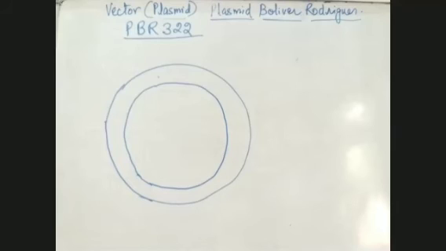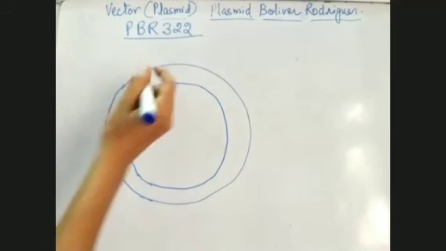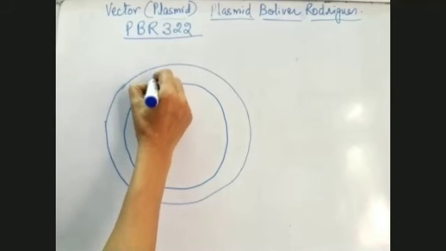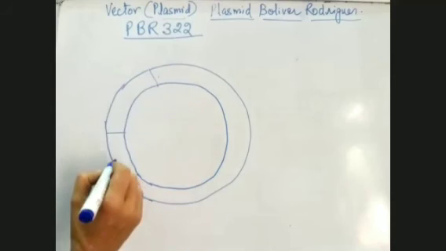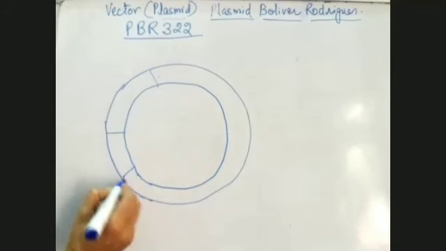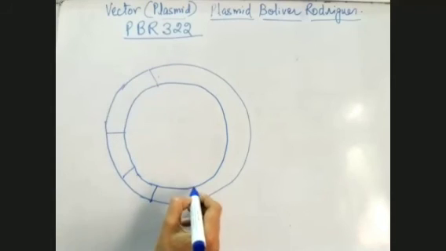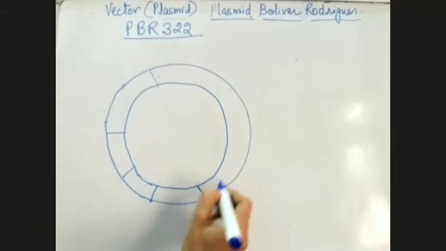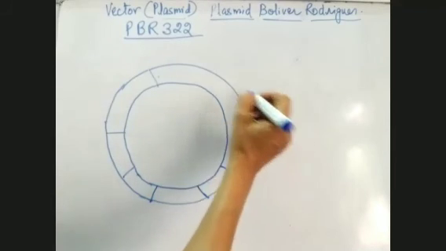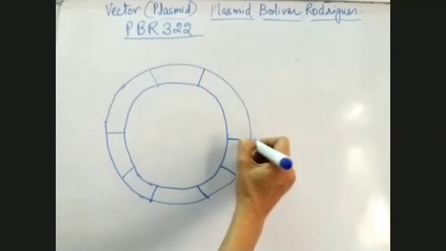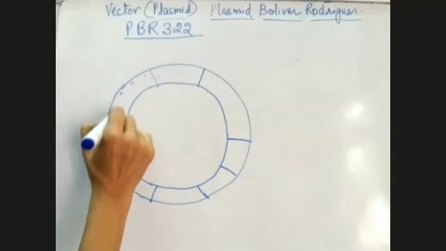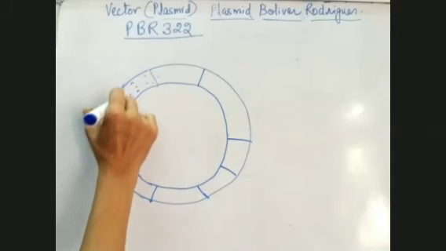Now, if you see here, various recognition sites are there. Various recognition sites have been marked here, then here, then here. We have to be very specific in making it. This is ROP, protein of replication, then it has been marked here. So let's make it this dot way.